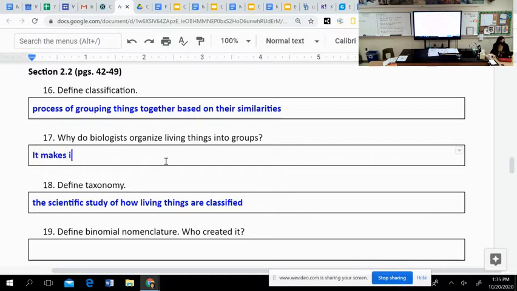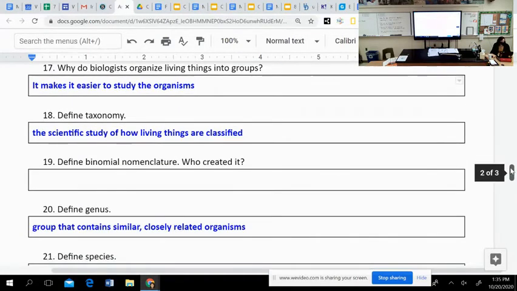It makes it easier to study the organisms based on their similarities. Taxonomy then is defined as the scientific study of how living things are classified. Then for 19, you needed to define binomial nomenclature and list who created it. So what do we got?